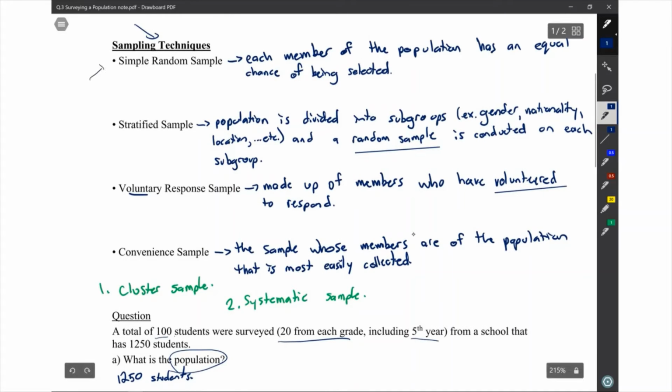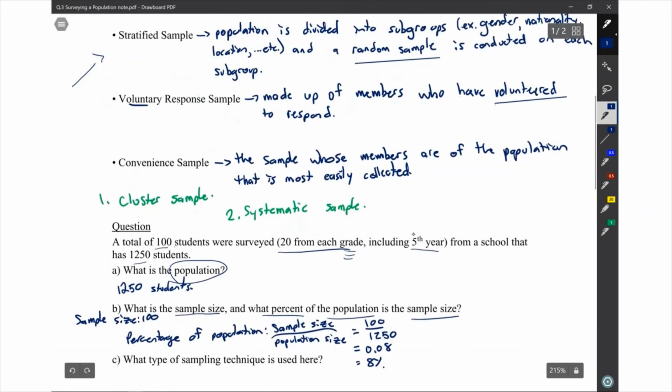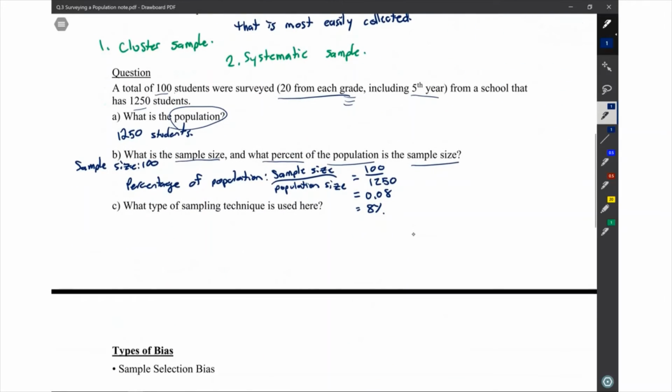It's not quite that, because they've done a little more work than just pulling randomly from these 1,250 students. A stratified sample is when the population is divided into subgroups, which is kind of what we're doing here, a subgroup for each grade, and a random sample is conducted on each subgroup. So that is what we're working with here. That's a stratified sample.